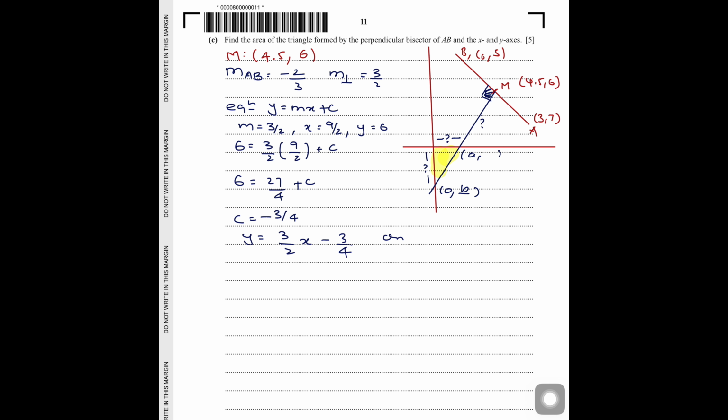Now on the x-axis, y is 0. So I write 0 equals 3 over 2 x minus 3 quarters. So 3 over 2 x is 3 quarters. So x is 3 quarters divided by 3 over 2. So x is half, sorry, x is half.